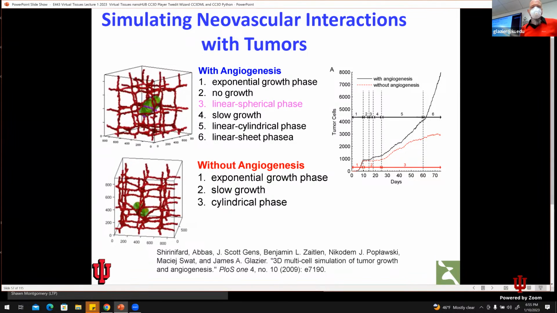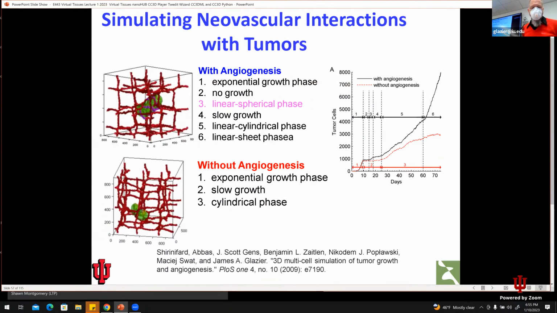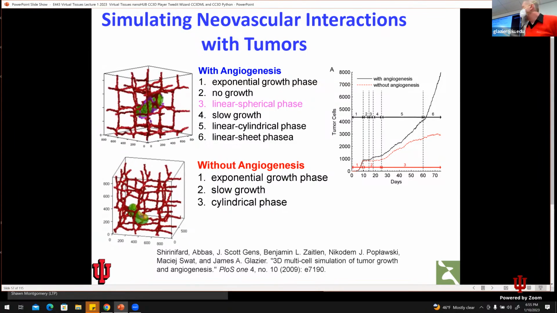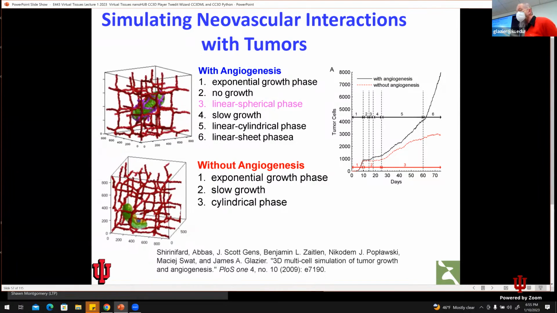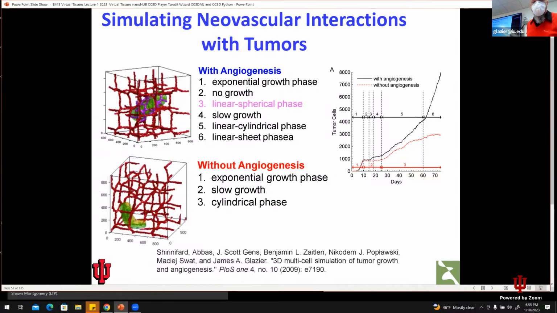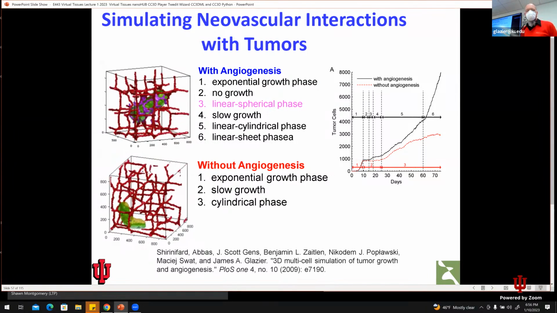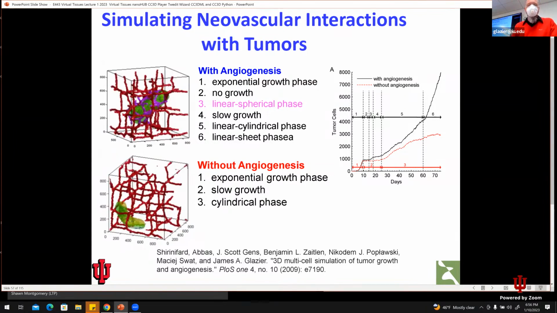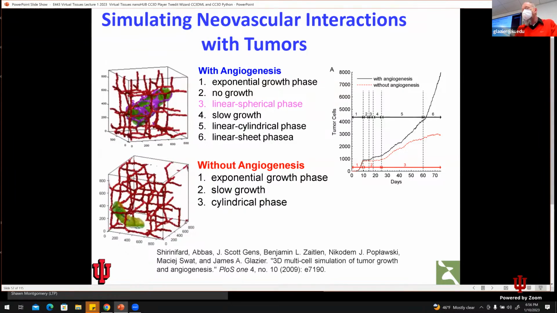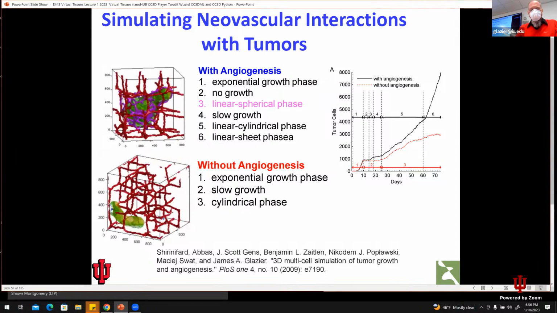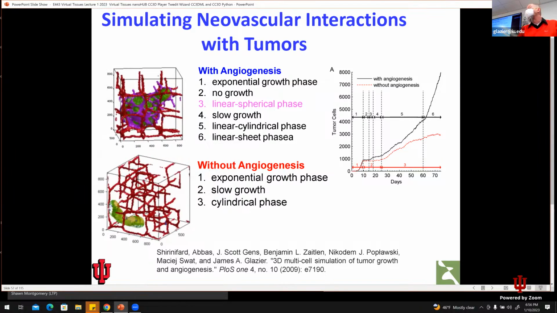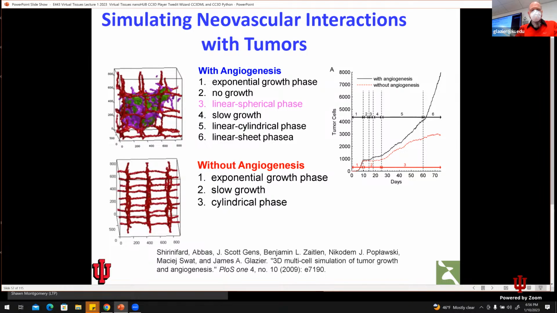If you look carefully, you'll see that at the center of the tumor, the cells change color because the cells at the center of the tumor don't have enough oxygen or nutrient, and they start dying. The hypoxic cells send out a signal that causes the blood vessels to proliferate, called neoangiogenesis. And so this is a simulation in which the blood vessels are proliferating as they do in a real tumor and supplying additional nutrients to the tumor.